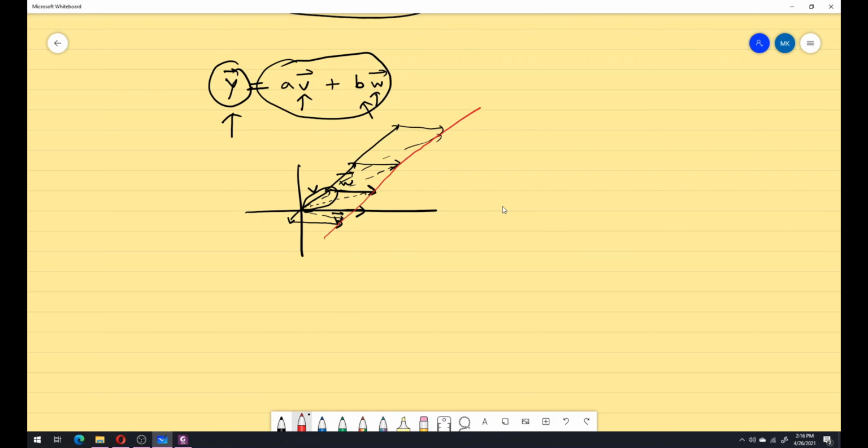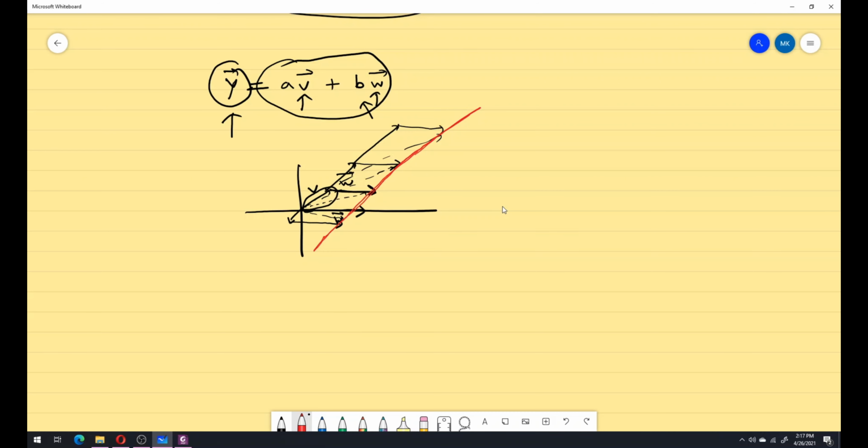It doesn't look so straight though. So that's why scaling and adding two vectors is known as the linear combination of the vectors. This is one important terminology that we will be using throughout the course.